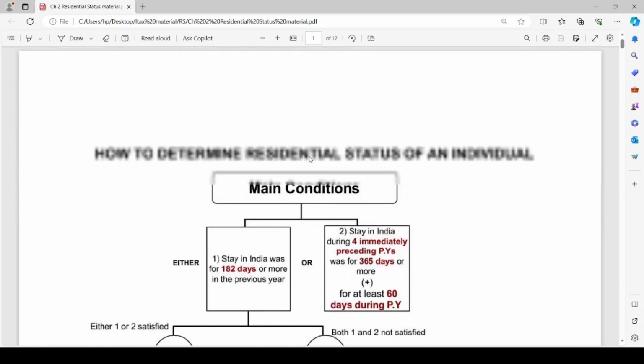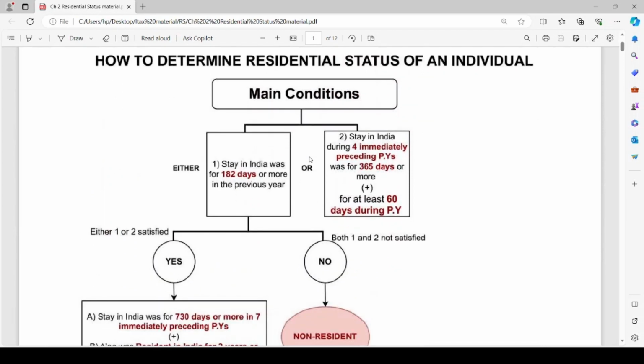Now, how to determine residential status of an individual? There are two main conditions which are to be checked to determine the residential status of an individual. The first one is the stay in India of the individual should be for 182 days or more in the previous year.